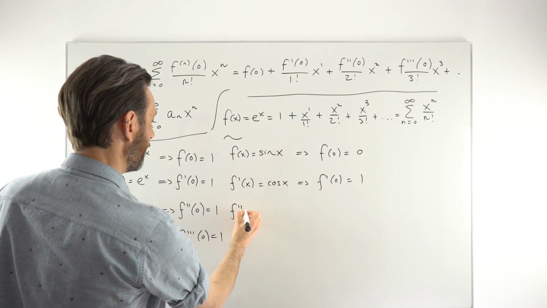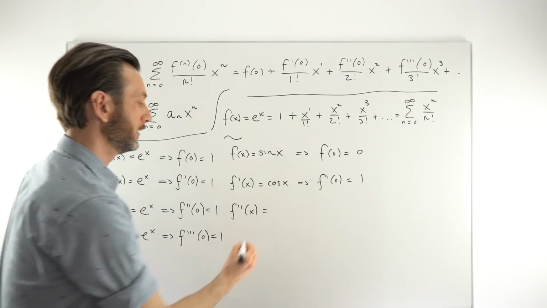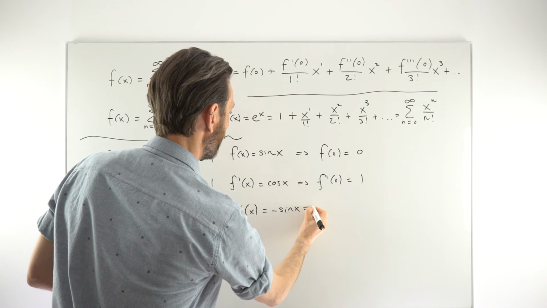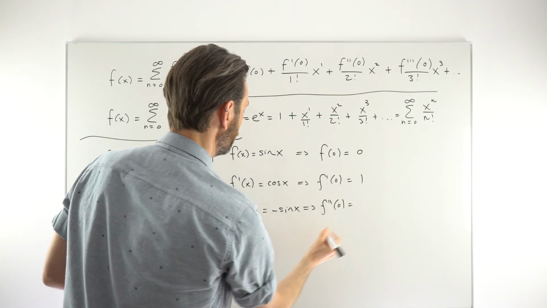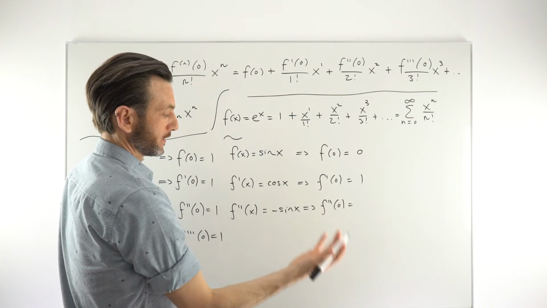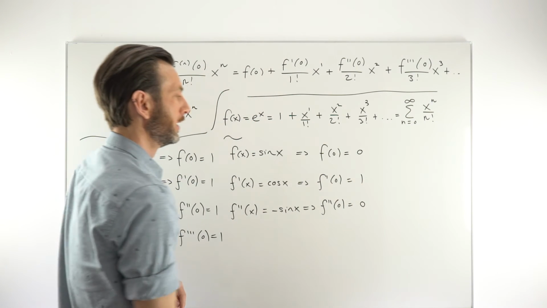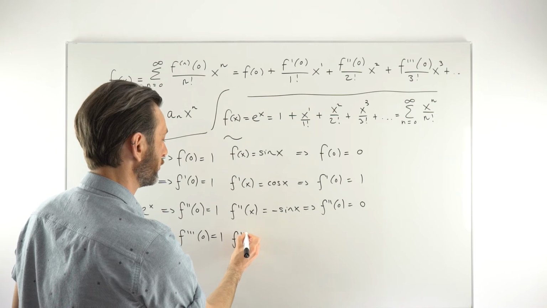Taking the next one, f double prime of x is the derivative of cosine x, which is minus sine x. So that implies that the second derivative evaluated at 0, sine of 0 is 0, minus 0 is 0, so that goes back to 0. We're starting to generate a little pattern here, which is really a well-known feature of sine and cosine.